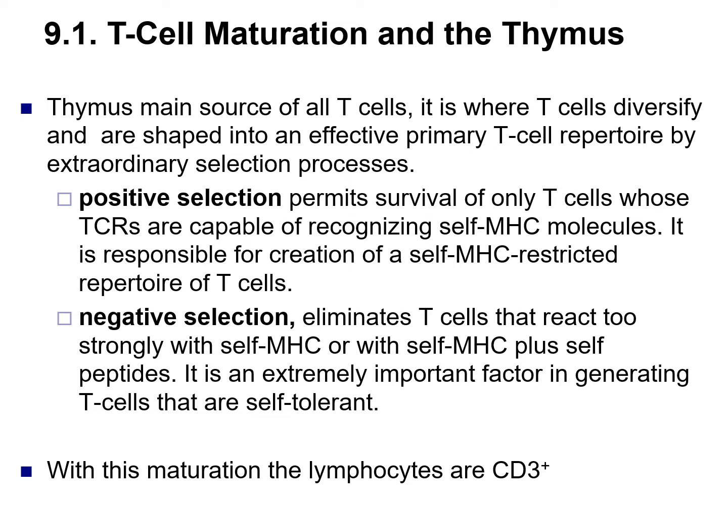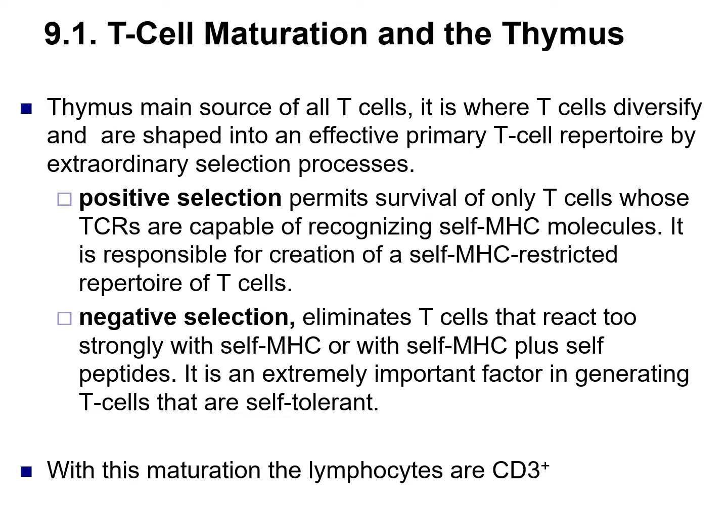The negative selection process eliminates the T cells that react too strongly with self-MHC or with self-MHC plus peptide. This is an important factor in the generation of T cells that are self-tolerant.